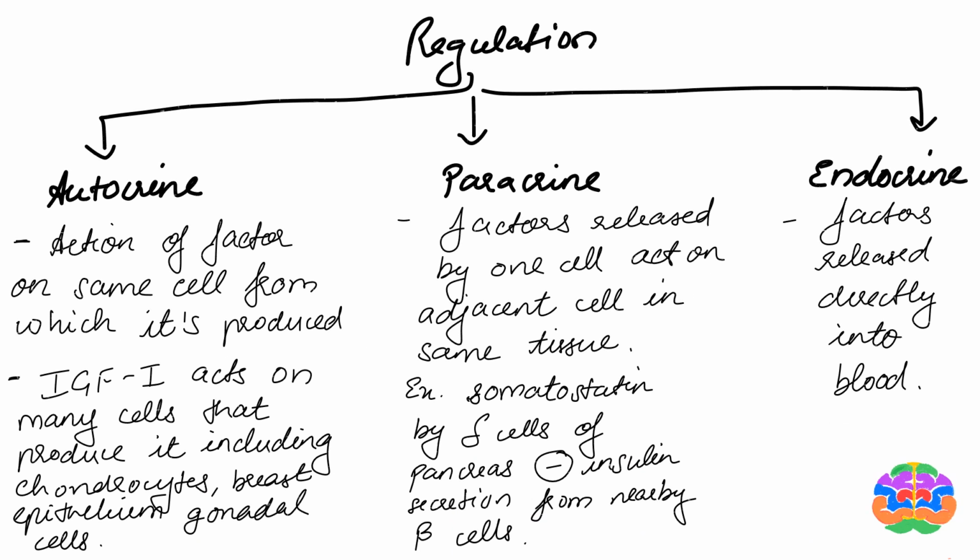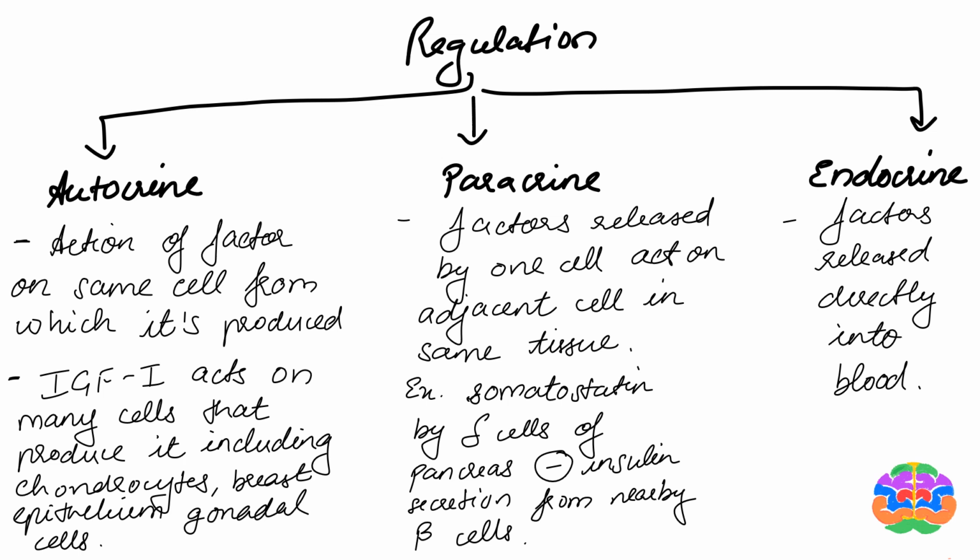If we talk about regulation of secretion, we should consider different types of factor secretions. These include autocrine, paracrine, and endocrine. Autocrine is where the action of the factor is on the same cell from which it is produced. For example, insulin-like growth factor 1 acts on many cells that produce it, including chondrocytes, breast epithelium, and gonadal cells.